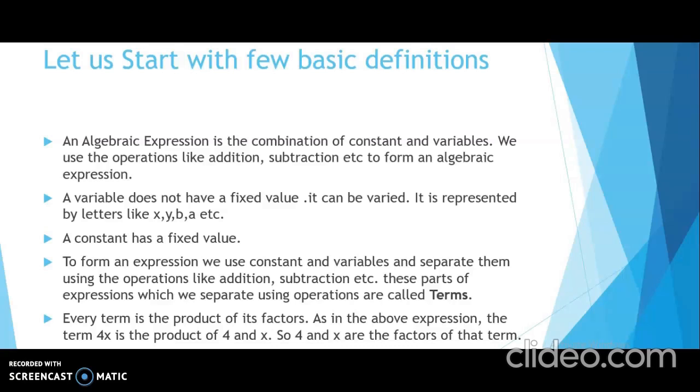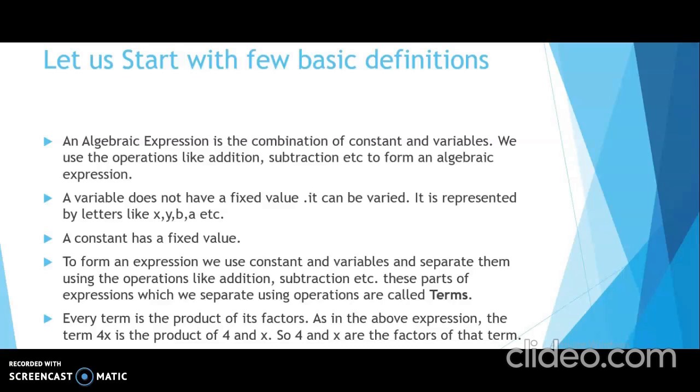A constant has a fixed value. And one more thing, the numbers or whatever represented which is not a variable in an algebraic expression, it can be a constant. So in the expression 4xy plus 3ab, what are the constants? 4 and 3 because they have a fixed value.